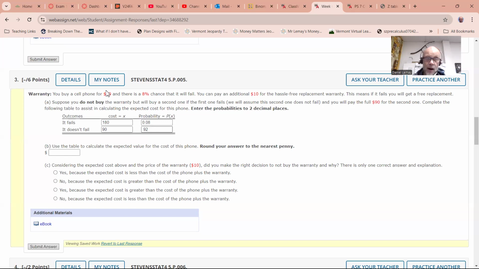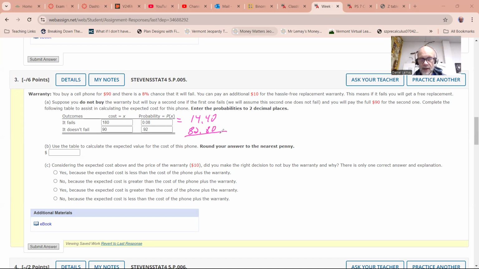Now, I'm going to pause this, go grab a calculator and do that. So when I did this on my calculator, I got the top one equal to 14.40, and the bottom one got 82.80.